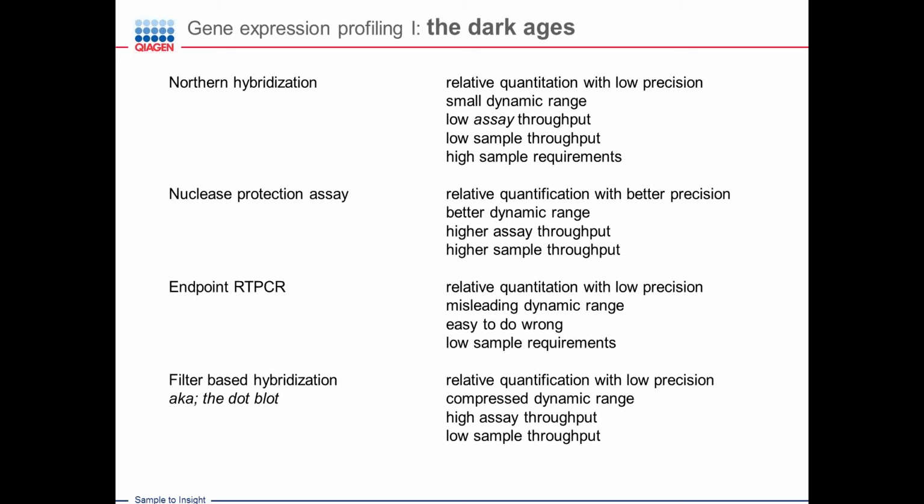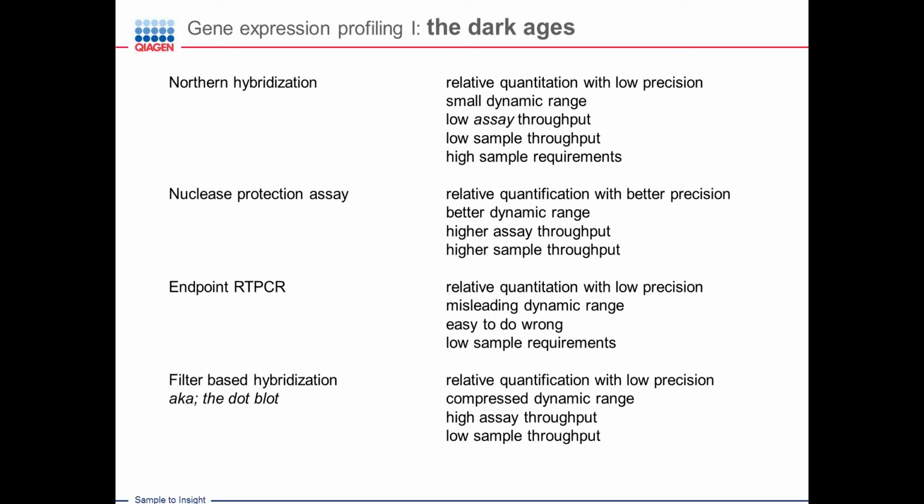We then moved to RT-PCR when PCR was invented. Most people were doing relative quantification in endpoint PCR, running products on a gel, staining with an intercalating dye, trying to quantify the products, and it had a lot of allure because when you ran a gel and stained it with a dye, you got a nice sharp band on a gel.